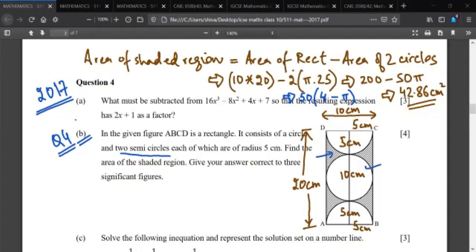So very smartly, I understand that what I require is the area of the rectangle. Now I need to subtract two circles from it. How do I get two circles? This is the first circle, and then this semicircle and this semicircle both make one complete circle. So to find the shaded part from the rectangle, I'll be subtracting two circles.